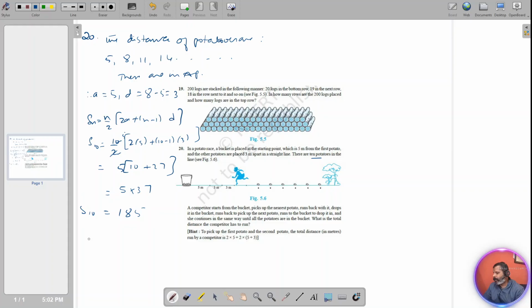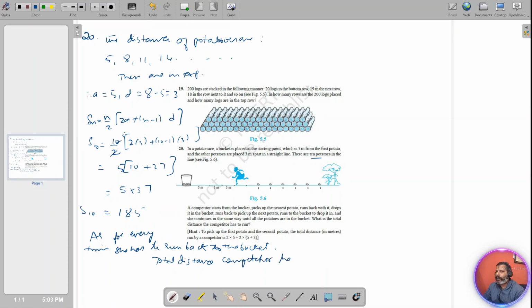So we'll write that every time she has to run back to the bucket, the total distance the competitor has to run is 185 into 2, that is 370 meters. That's the required distance.